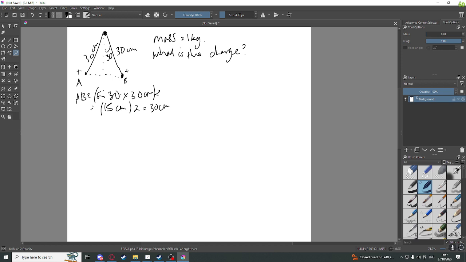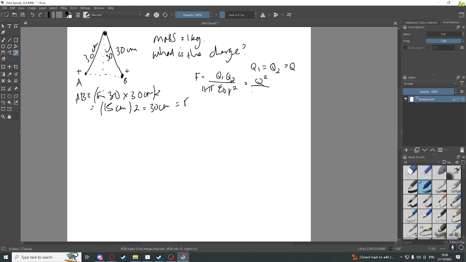Okay, so now that I have my distance between the point charges, I'm going to set that equal to r, because I want to eventually use this equation, q1 times q2 all over 4 pi epsilon 0 times r squared. So because q1 is equal to q2, because they're identical charges, I can rewrite this as a general charge q.